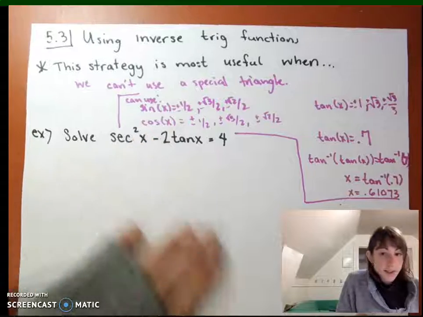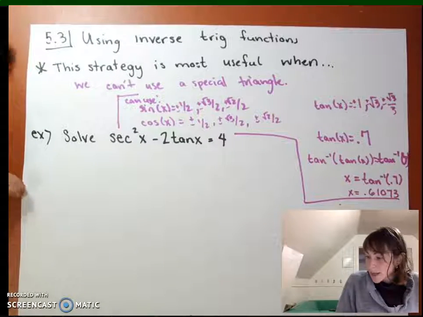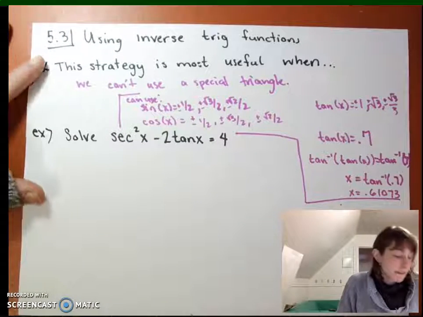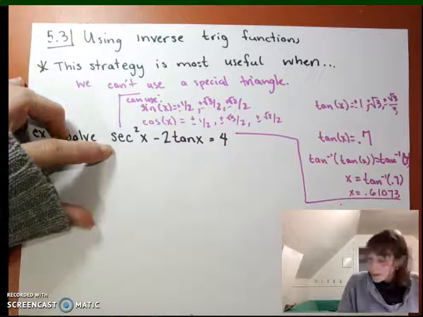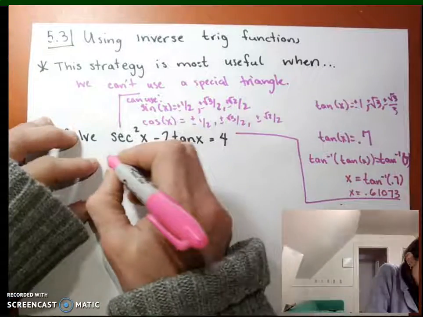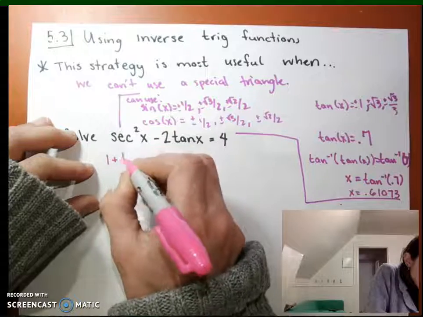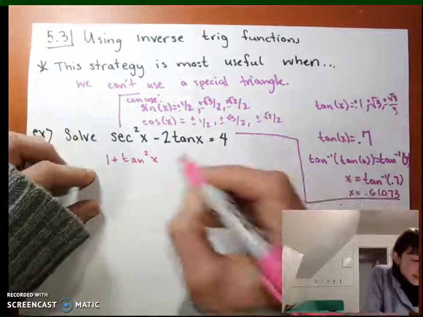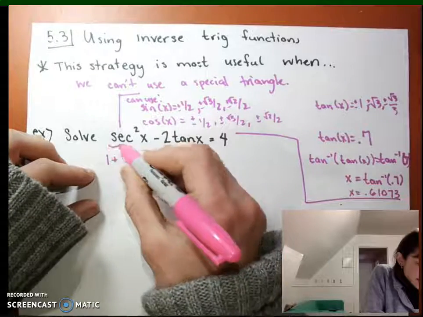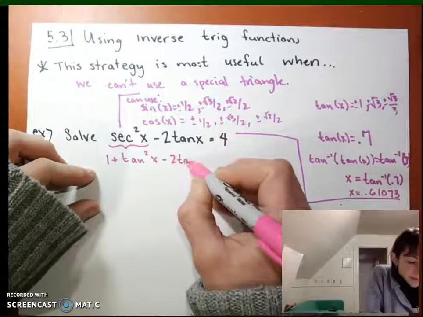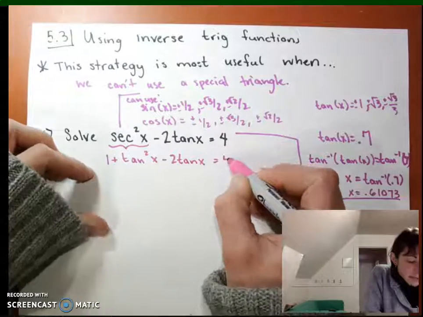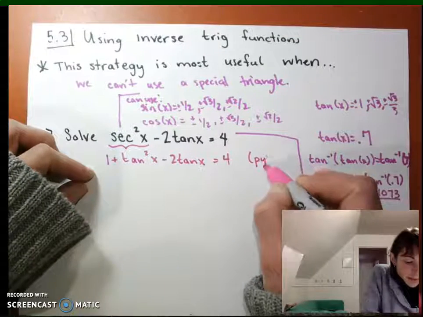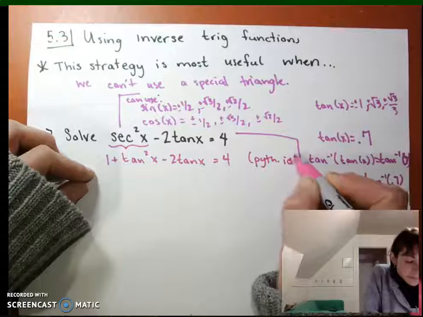And when I see secant squared, what's ringing in my head is the Pythagorean identity, that secant squared is equal to 1 plus tangent squared x. And so I replaced the secant squared with that term. Everything else stays the same. So here I use the Pythagorean identity.